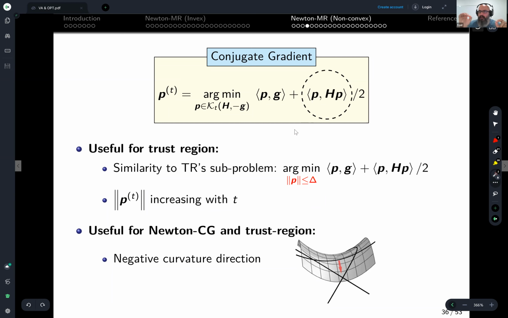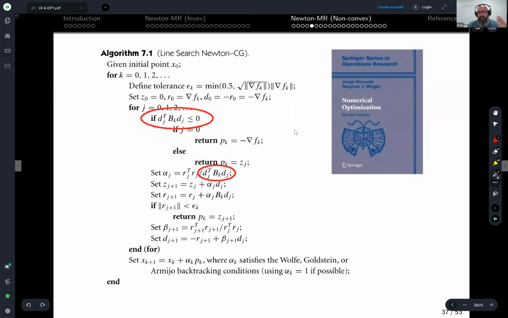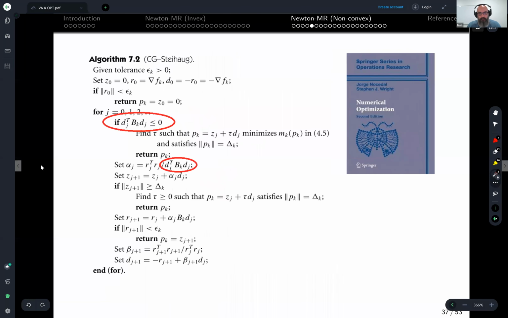The moment I know this quadratic term is negative, I know that direction must be a negative curvature direction. And we all know that when we have a negative curvature direction, I can use that to get further descent. You see this sort of strategy in all the textbooks and all the papers. They monitor this quadratic, and the moment it's negative, they take that as a negative curvature direction and use it within their approach.